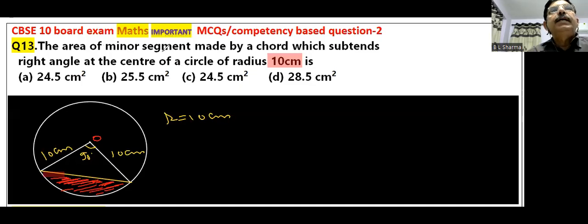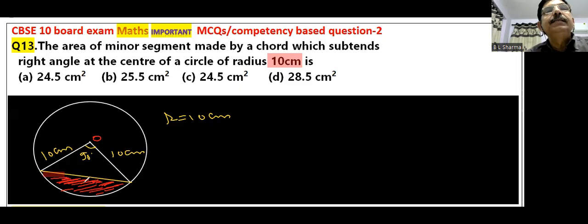The area of minor segment made by a chord which subtends right angle at the center. देखिए ये जो chord है ये center पे 90 डिग्री एंगल subtend करती है और जो radius of the circle है that is given 10 centimeter. And now we have to calculate the area of the minor segment.